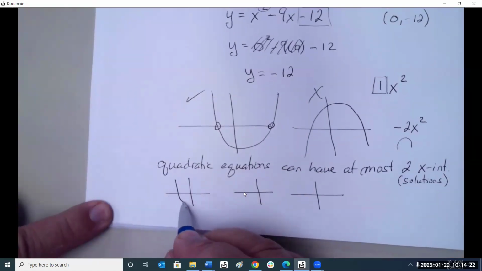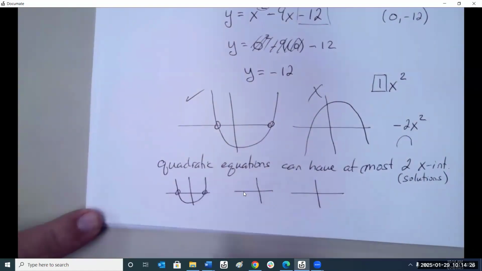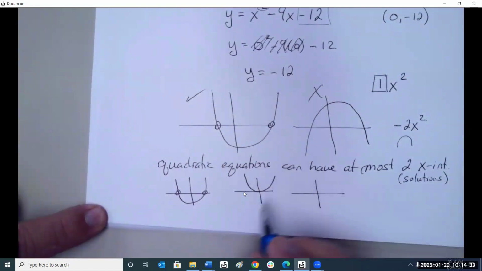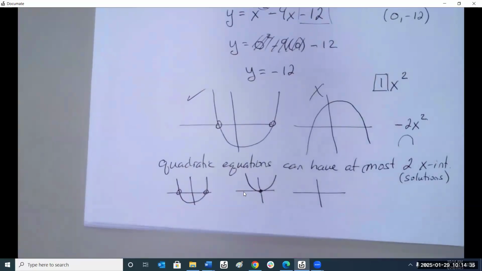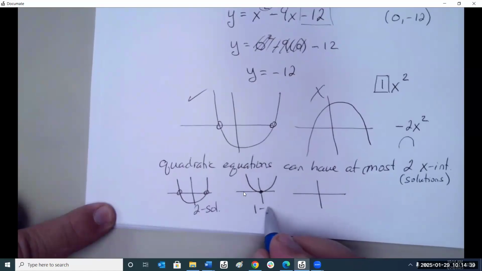Because 1, it could look like this, where you have 2 solutions. What if it scoots up and it only touches at one place? There's 1 solution. This is 2 solutions. This has 1 solution.